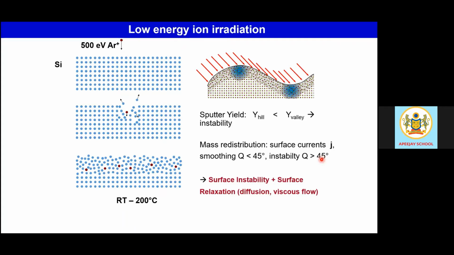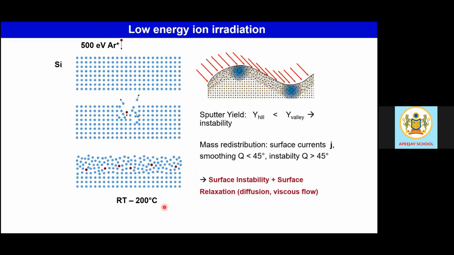So this gives you a fairly good visual idea. And remember, this situation prevails from room temperature up to 200 degrees centigrade or so, more or less for silicon, and roughly for germanium as well.